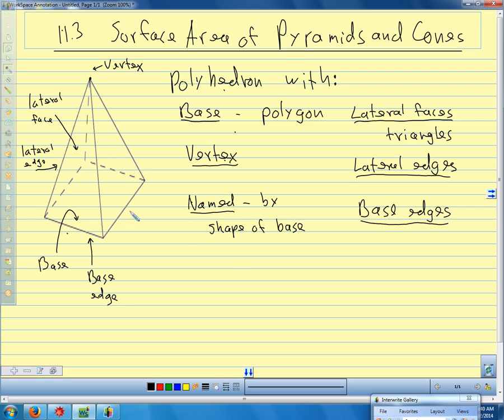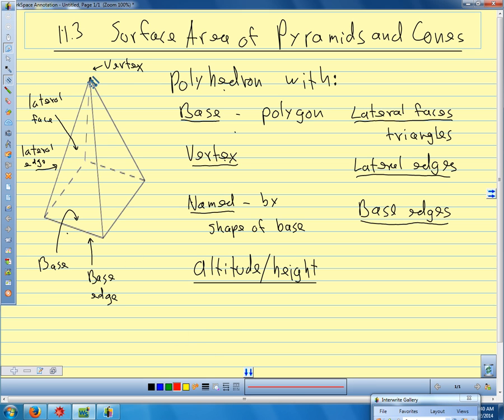And we're also going to draw in our altitude or height. We use the words kind of to mean the same thing. They don't actually mean the same thing, but we use them interchangeably. So our altitude is perpendicular from the vertex to the base.